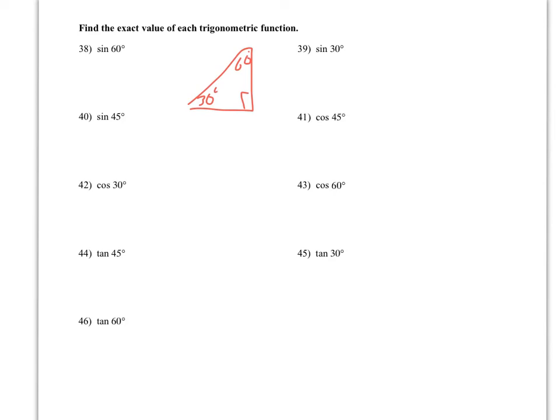I don't have this in front of me. And that would be y, 2y, and root 3y based on this. Sine of 60 based on this triangle: opposite over hypotenuse is the square root of 3y over 2y, which is the square root of 3 over 2.